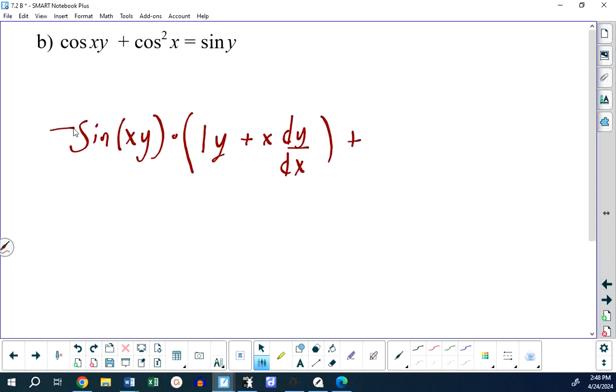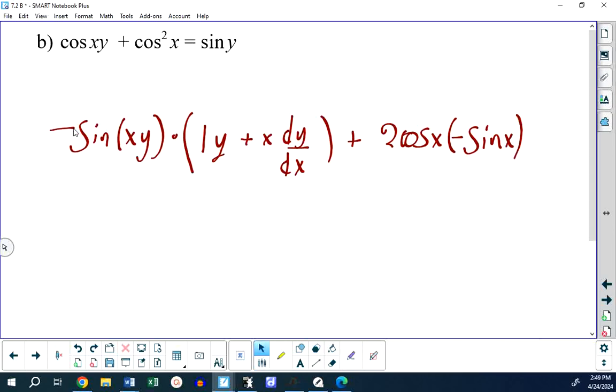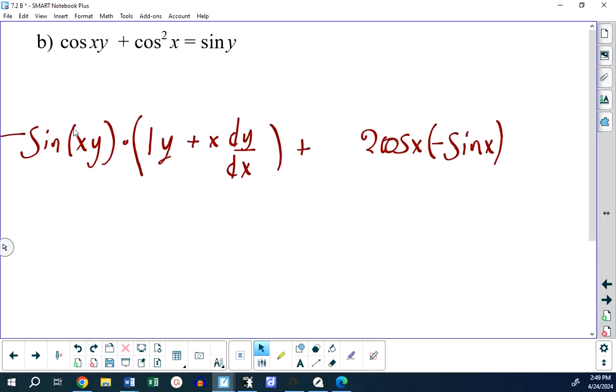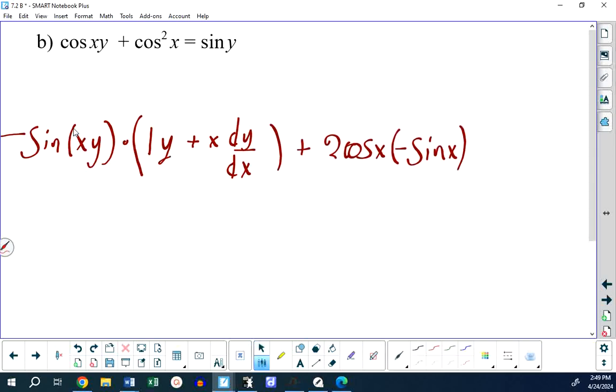What is the derivative of cos squared of x? It is 2 cos of x times negative sine of x. How come? Because cos squared of x is cos of x quantity squared.